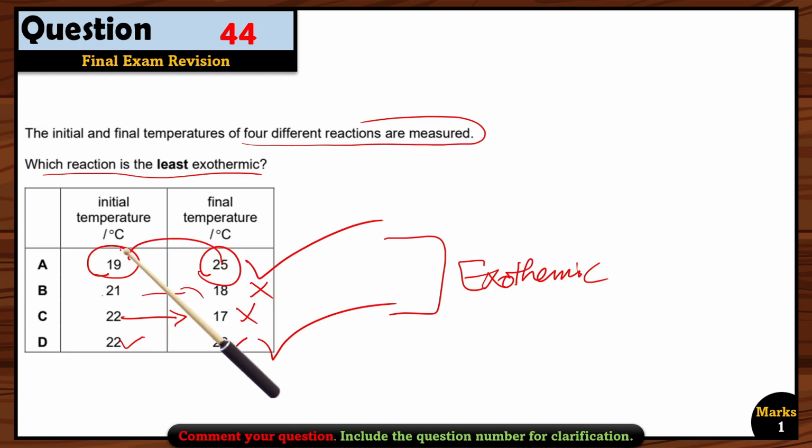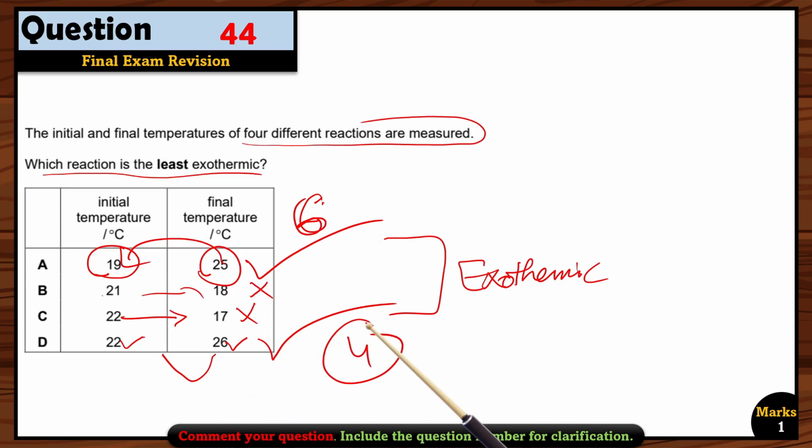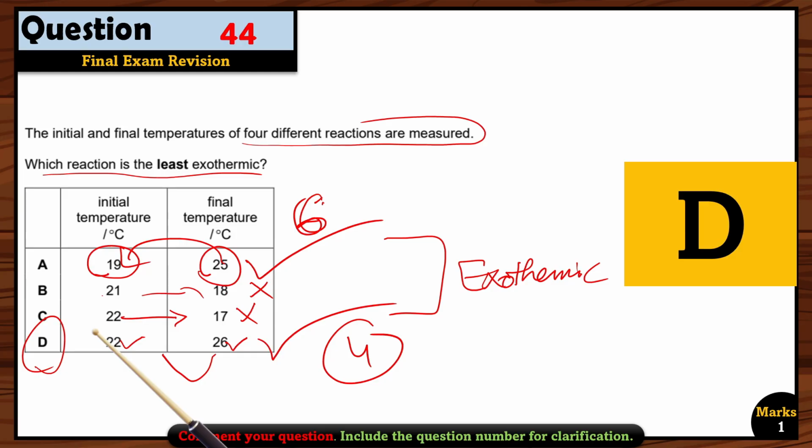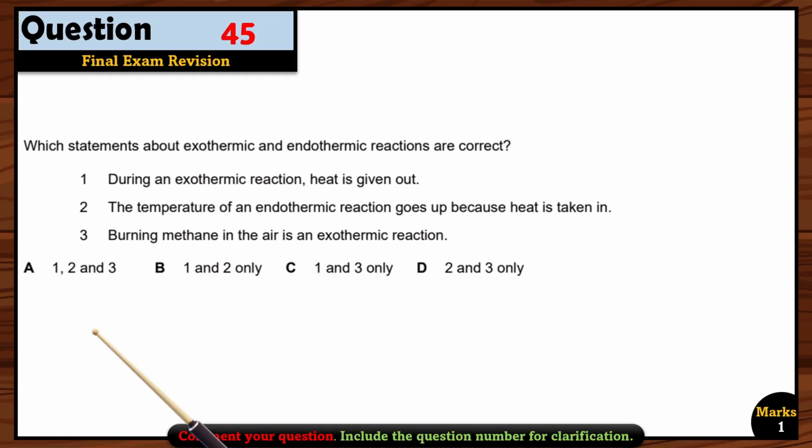So 25 minus 19, the answer is 6, whereas for this one the answer is 4. So which one is the least exothermic? It is option D, because the answer is 4. So option D is the right answer. First you have to find which of these reactions are exothermic, and then you have to calculate the difference. That's why option D is the right option.